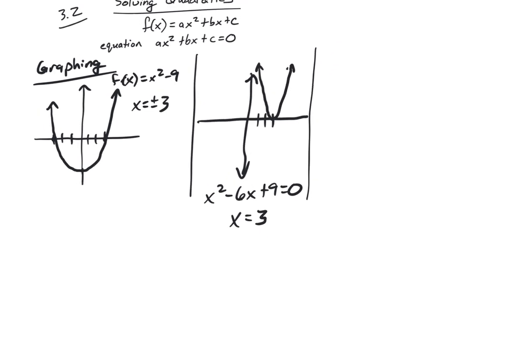Okay, the third possibility is where we're going to bring in what we did yesterday. We have an equation like this, x squared plus 13 equals 0.